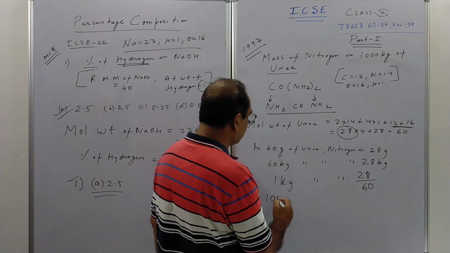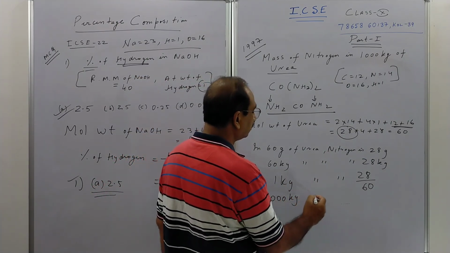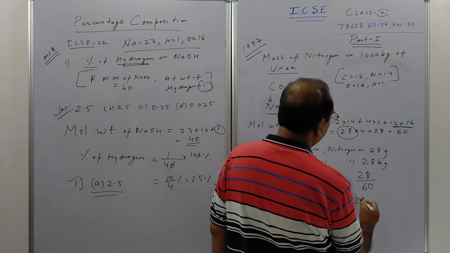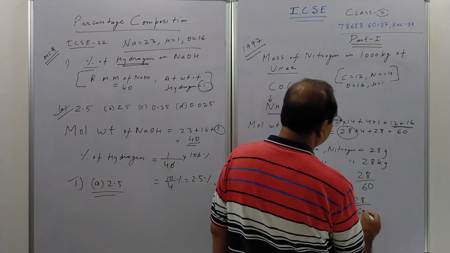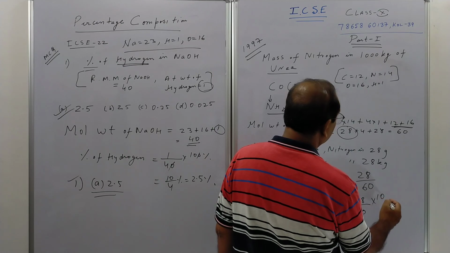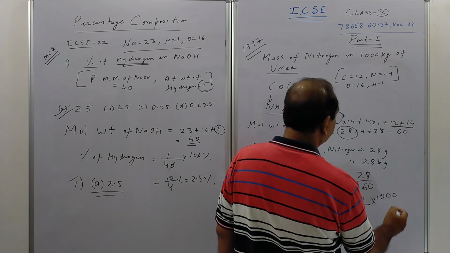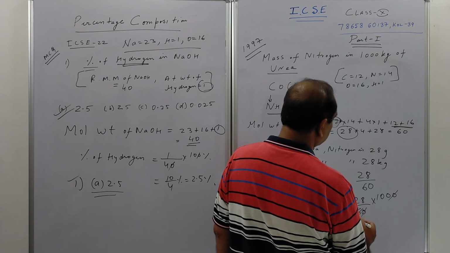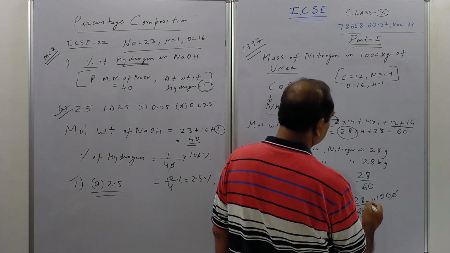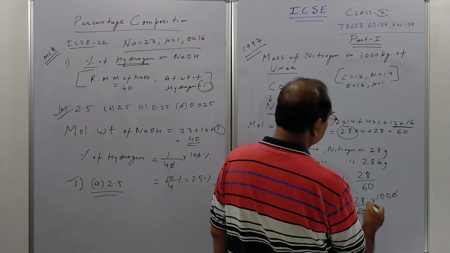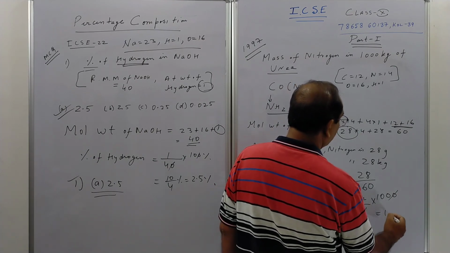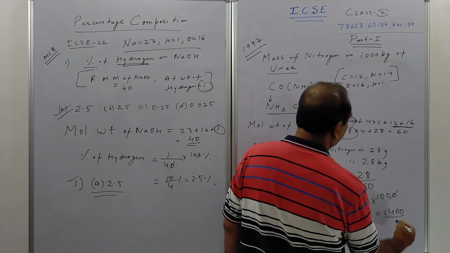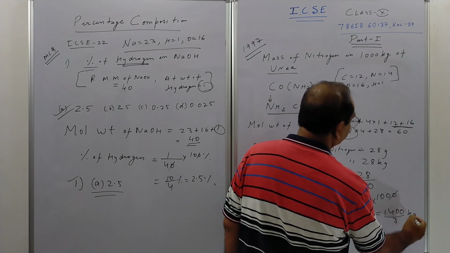So we want in 1000 kg. So it will be 28 by 60 into 1000. So we cancel. So we get 1400 by 3 kg.